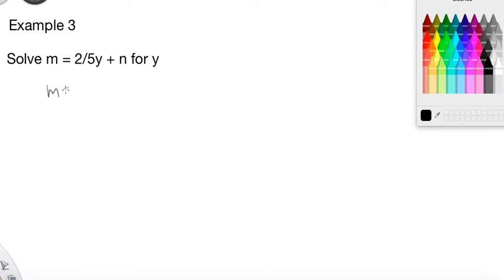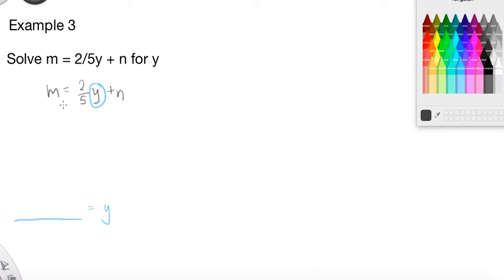So m equals 2 over 5 y plus n. And I'm going to be solving for y. So in the end, I'm going to end up with y equals something. And I'm putting that y on this side because I know that it's already there on that side. I'm going to be moving the other variable over.